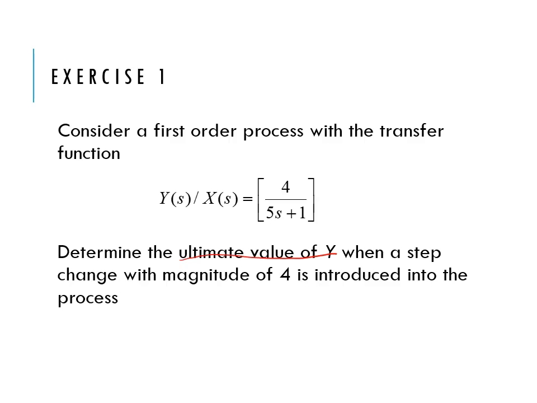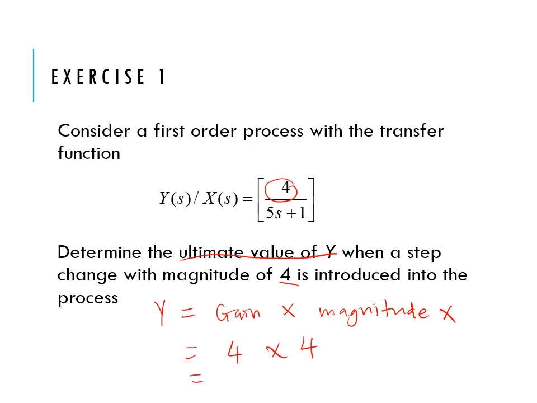So to find the ultimate value, y is equal to gain multiplied by the magnitude x. So your gain will be 4, times the change in magnitude given in the question, which is 4. So the ultimate value of y is equal to 16.